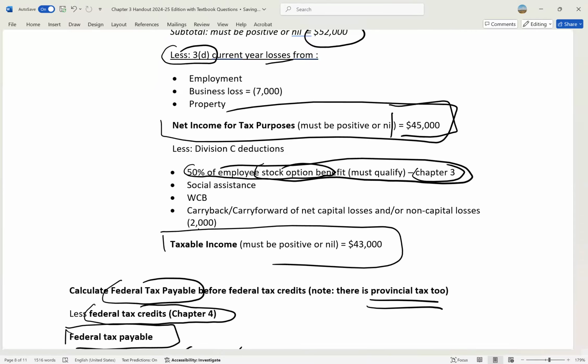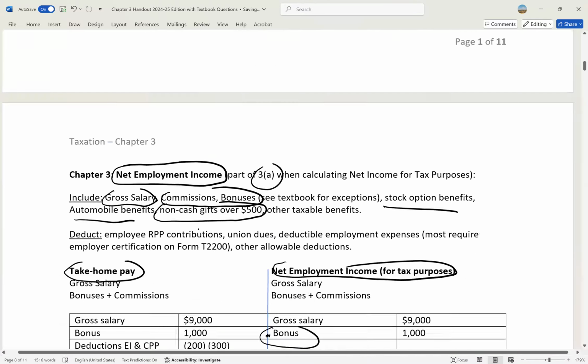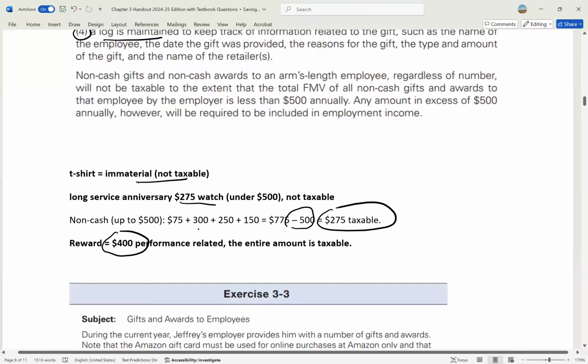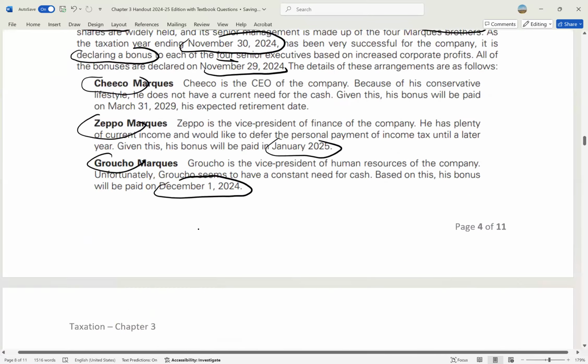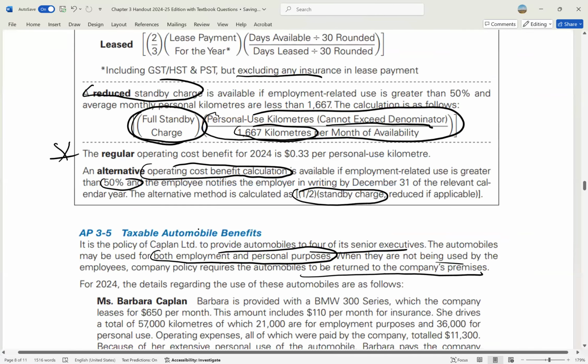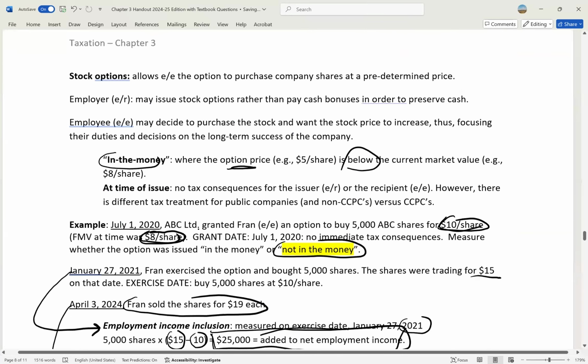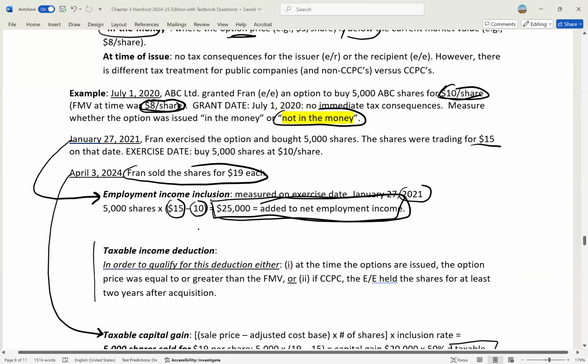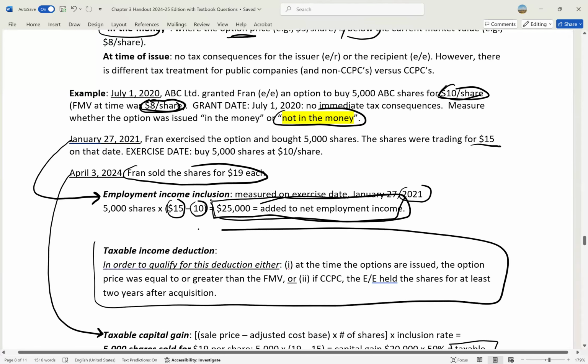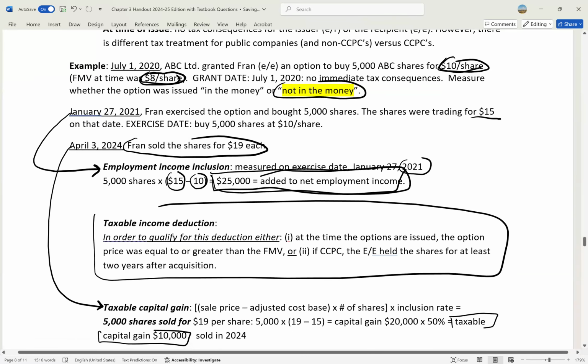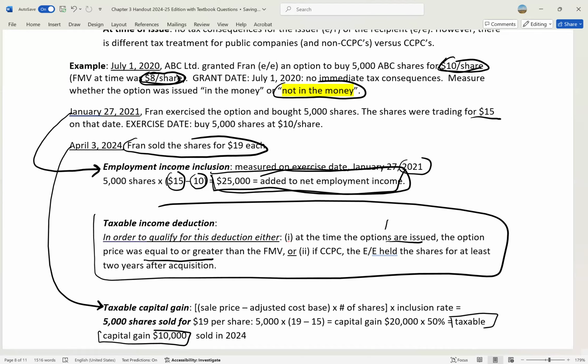So how do we qualify for this 50% deduction? It is talked about right here. You qualify for that 50% deduction if either of these apply. If at the time the option was issued, the option price was equal to or greater than the fair market value, what that means is when the option was issued, it was issued not in the money.